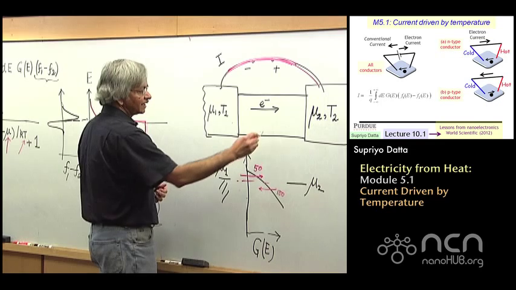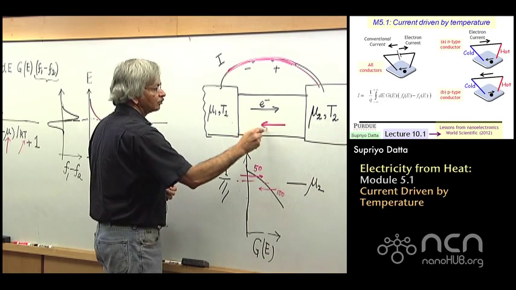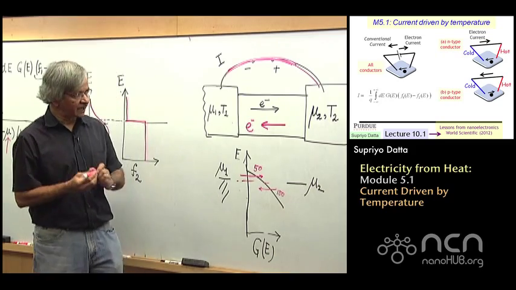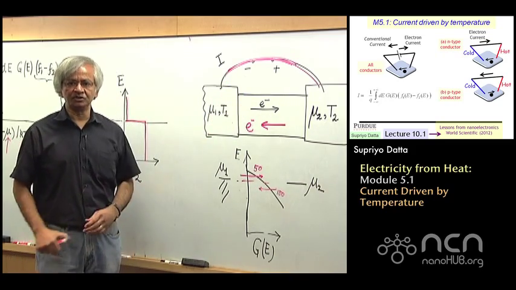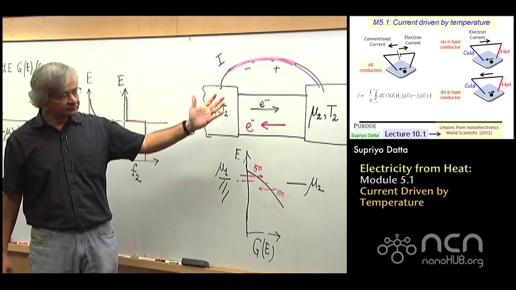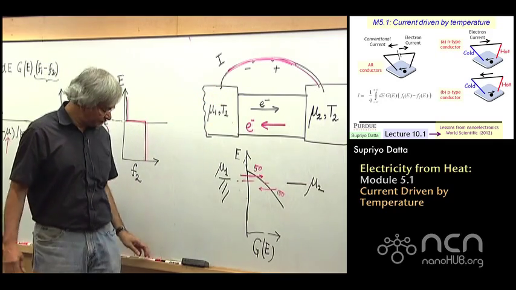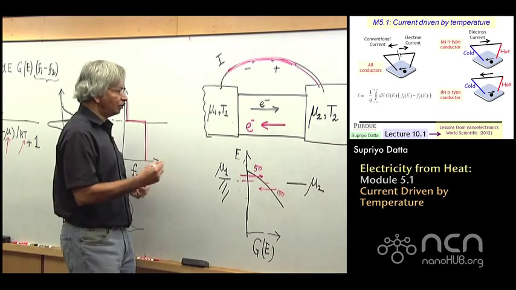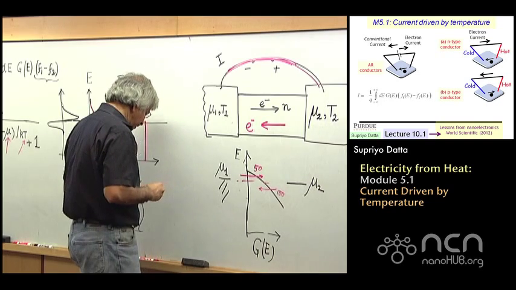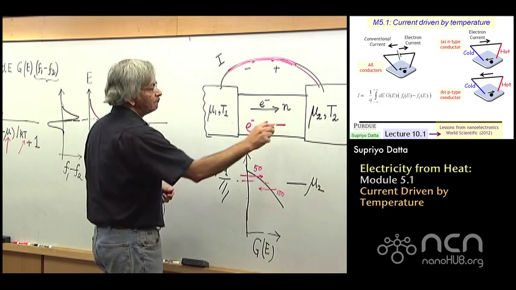So in materials like this, your net electron flow will actually occur from the cold to the hot side rather than from the hot to the cold side. See? And these are what you'd call N-type and P-type conductors. So the first type I described is N-type. The next one that I just described is what you'd call P-type.